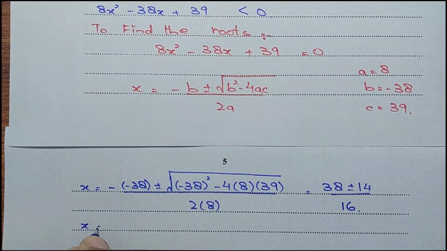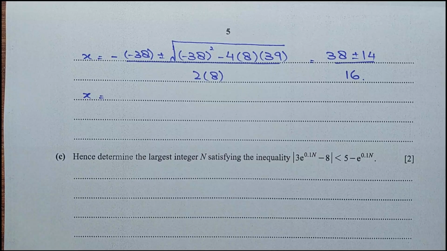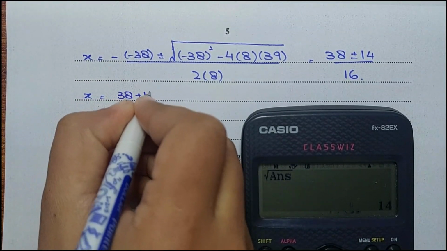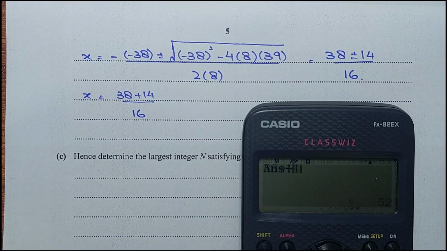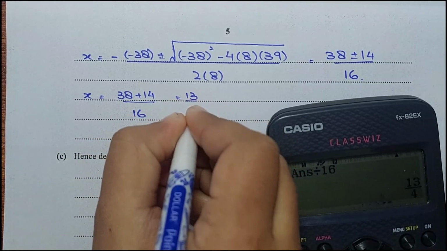So what are the two values for x? 38 plus 14 divided by 16 is 13 over 4. This is 13 by 4.